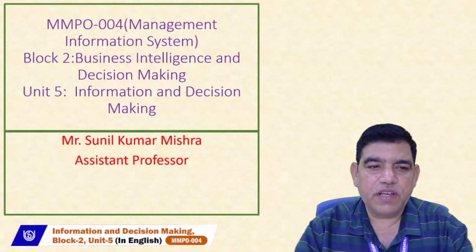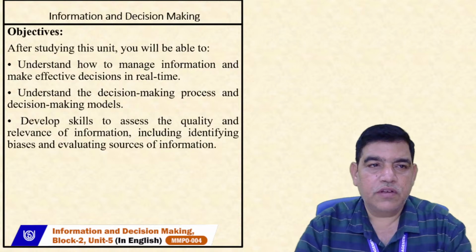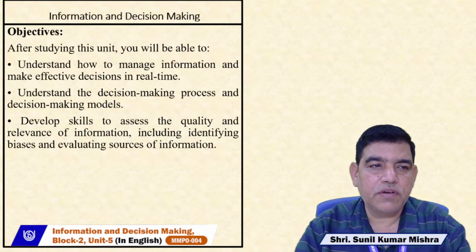It's about Unit 5, Information and Decision Making. After learning this chapter, the main objective is to understand how to manage information and make effective decisions in real time.